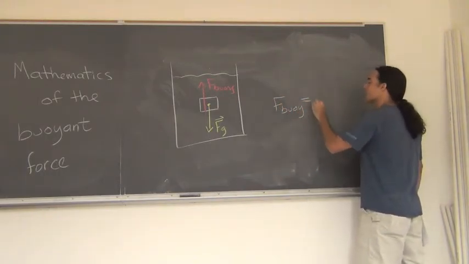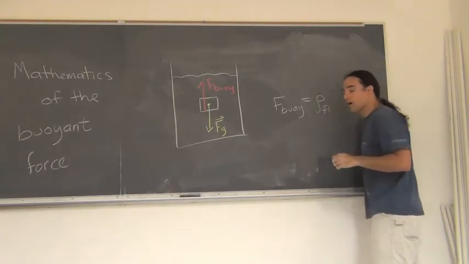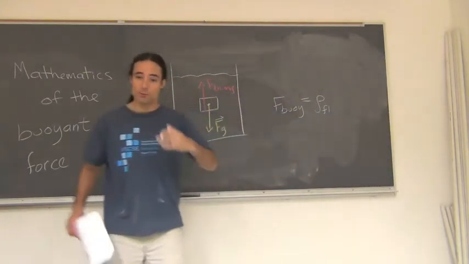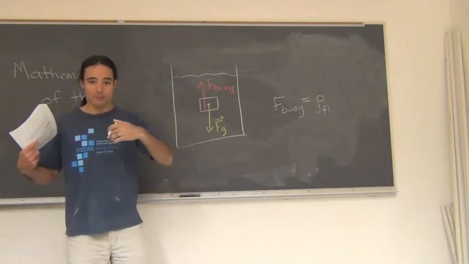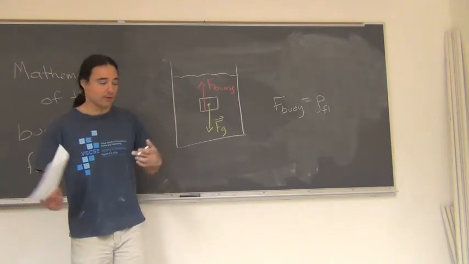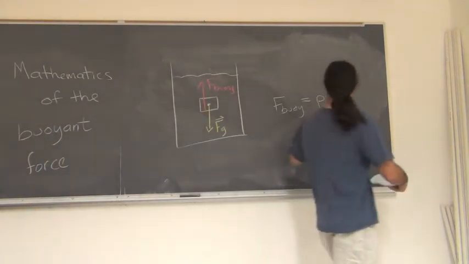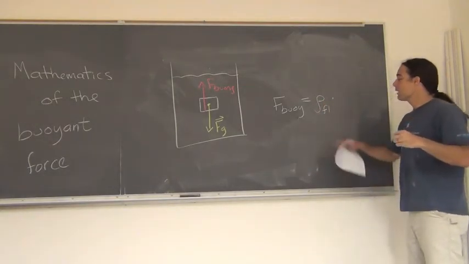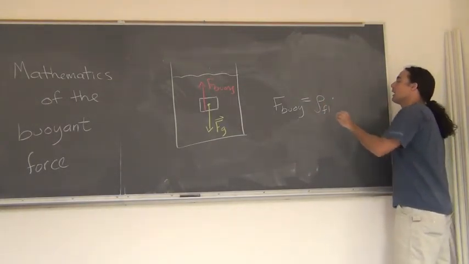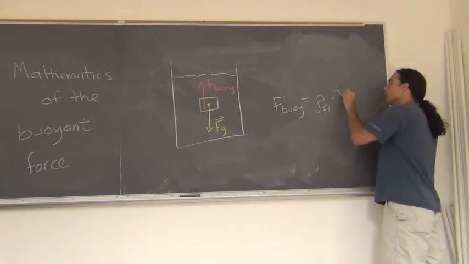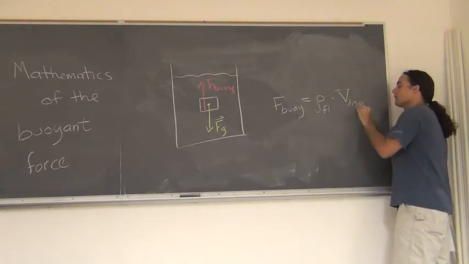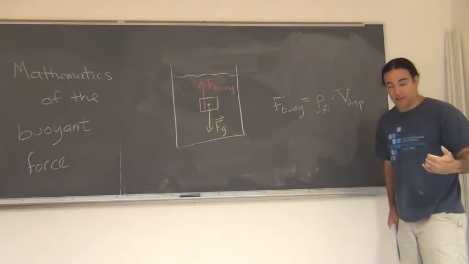can be written as the density of whatever fluid I'm in. Could be water, could be oil, even gases count as fluids in the physics world. So whatever fluid I happen to be in, times the volume displaced, so that gives me the mass displaced.